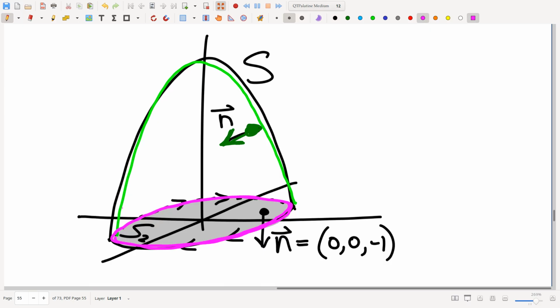You got to play the game every time. The rule is right hand, thumb in the direction of the surface normal. See which way the fingers of your right hand curl toward your palm. See how they define a swirl. I'm going to say that the swirl on the surface will be kind of like that. Everybody see that?